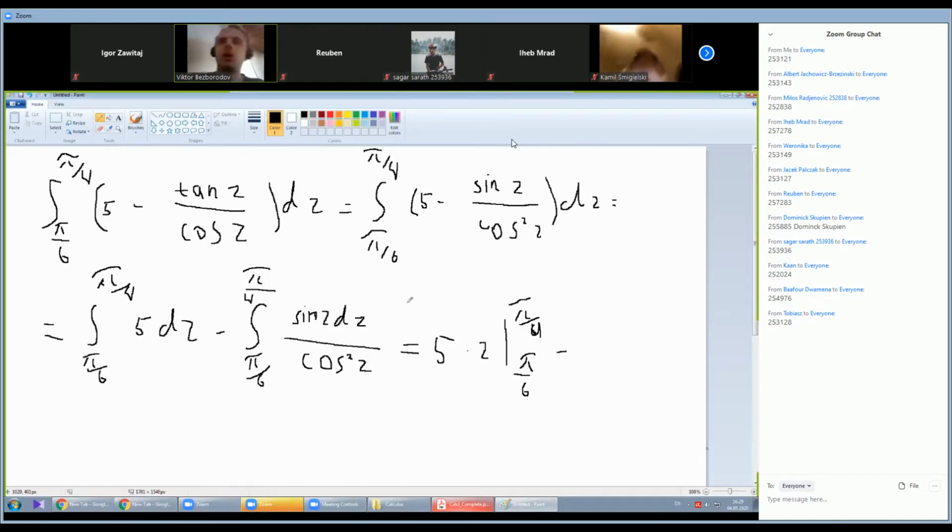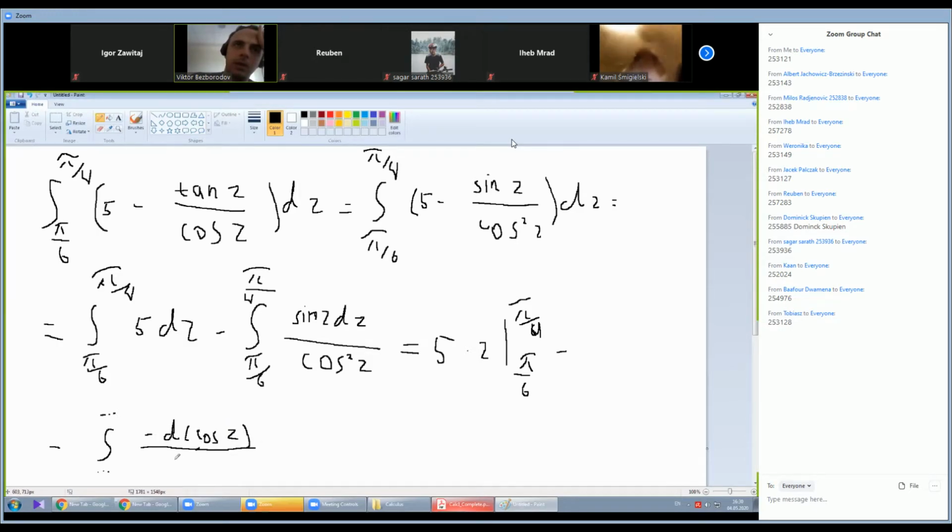Remember that cosine squared is 1 minus sine squared, right? So one way to compute it would be to do a change of variables. The limits are the same. In the denominator, I can just write it like this: minus differential of cosine of z, right?